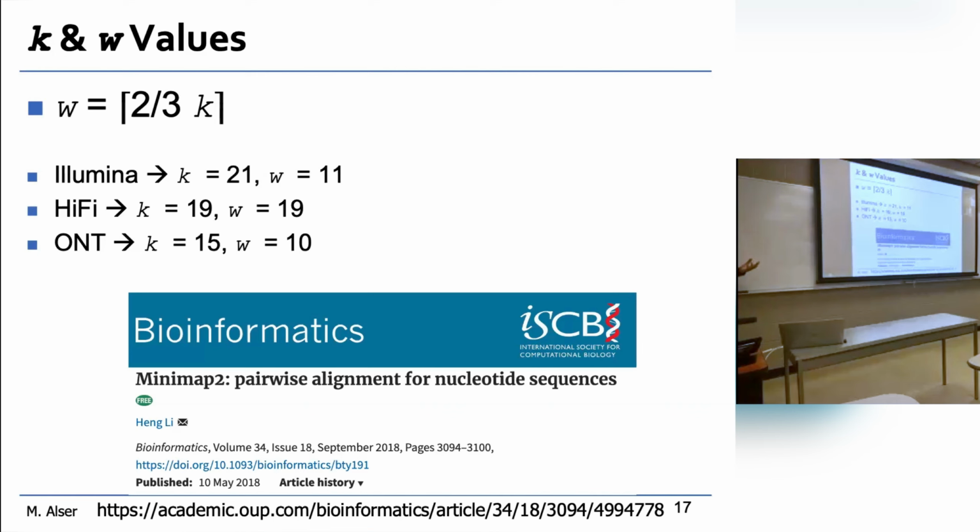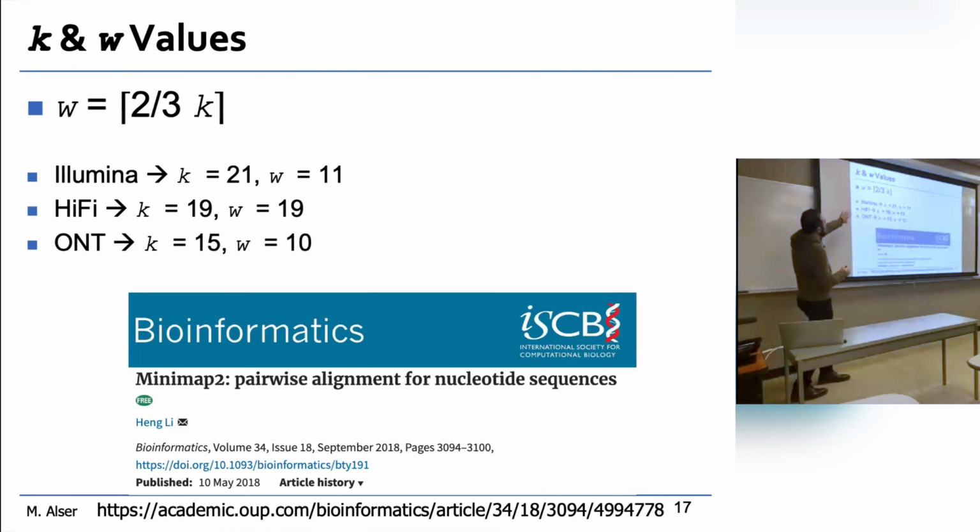It should be a natural number. It cannot be 0 as well, right? So it should be a natural number or integer. Is 0 an integer? Right? So that's why it's natural, excluding the 0 from the integers. So the W is recommended to be 2/3 the K value with a ceiling sign, all right?